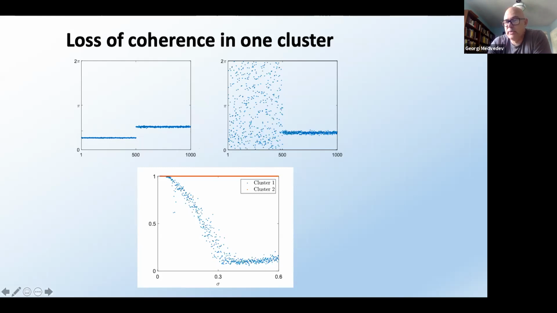And this way we achieve the loss of coherence in this two-cluster state. So this is the diagram which shows us how the order parameter changes in each cluster. In one cluster, it remains close to 1. This is for the second one. In the first one, it goes from 1 to values which are closer to 0. And that illustrates the transition, the loss of coherence in just one cluster.